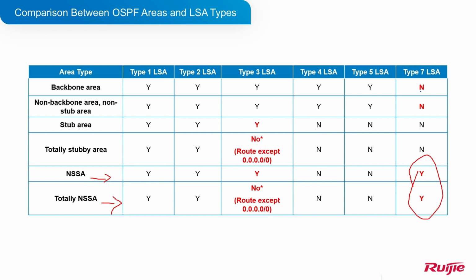If we want to communicate with the AS which is connected directly with an NSSA area, we have to use the Type 5 LSA information, right? Which is generated by the ABR device belonging to the NSSA area, right? Okay, so this is the comparison between OSPF areas and LSA types. So this is the part that introduces the special areas.